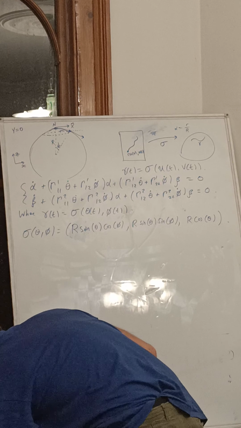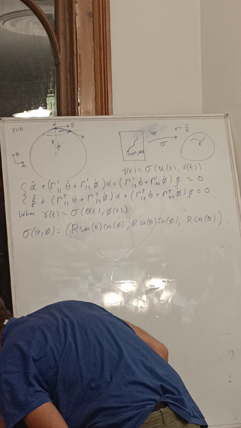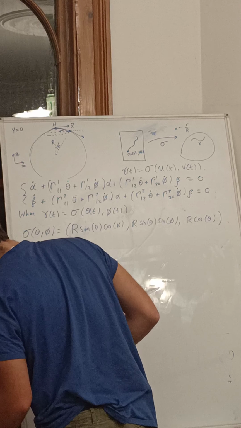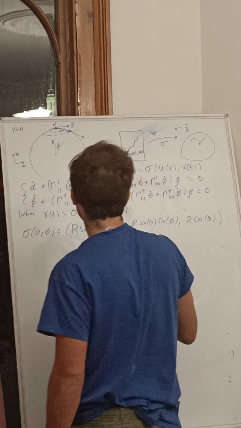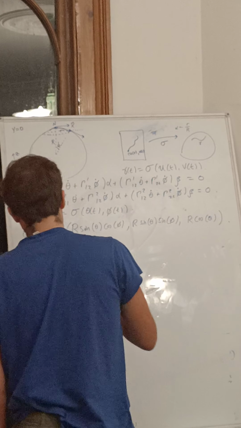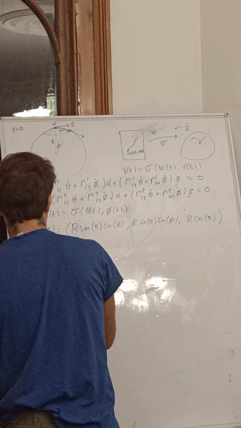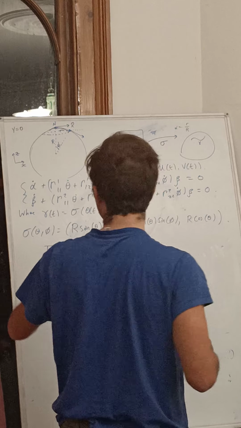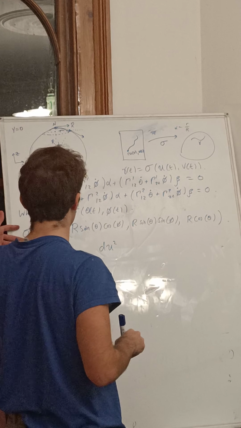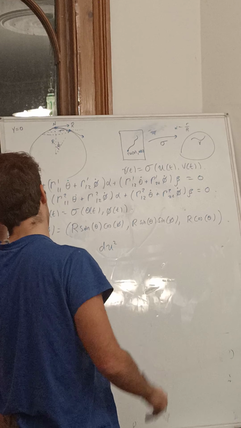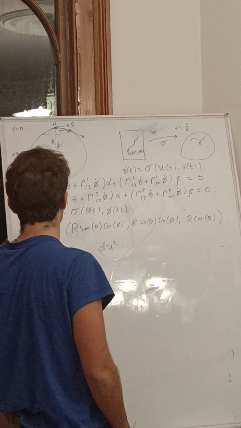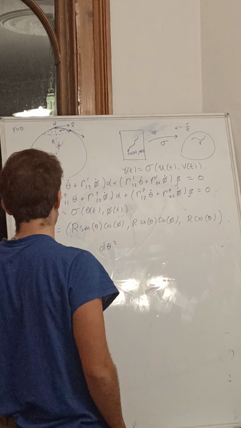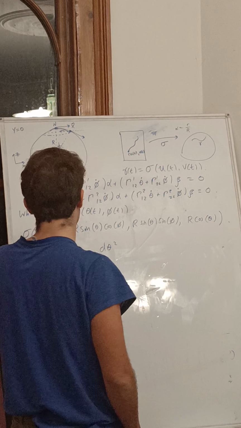Now let's work this out. We need the Gauss equations to get the Christoffel symbols. Let's first figure out the first and second fundamental forms. For the first fundamental form, what is E? That's going to be sigma theta dot product with sigma theta.